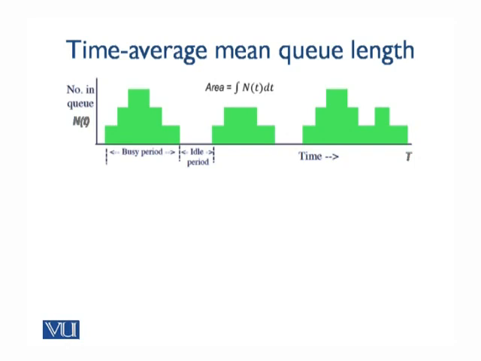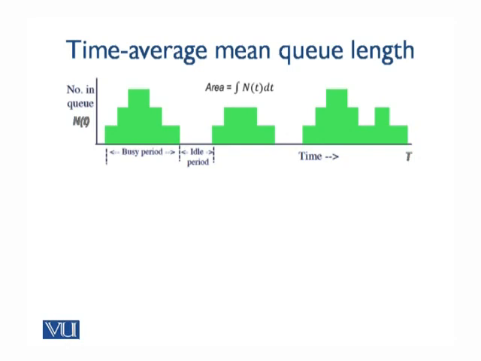The number of customers in the queue became 2, and after some time you had a departure. So in a sense, this instantaneous queue length is capturing what is happening in the queue. And if we observe this long enough, we can calculate the time average from this. How can we do that? We can do that by first of all determining the area under the curve.